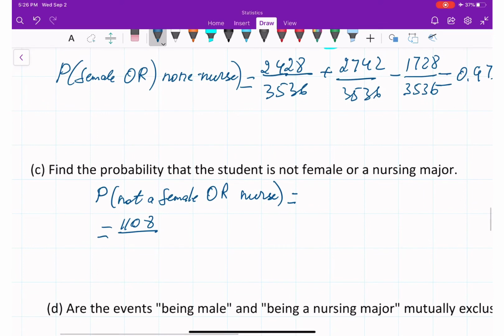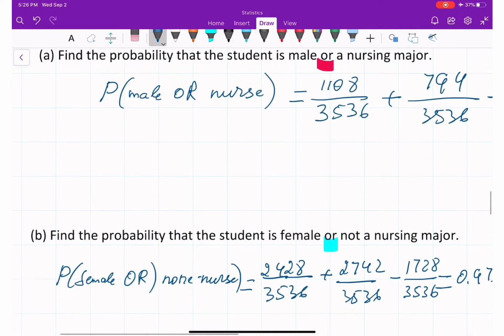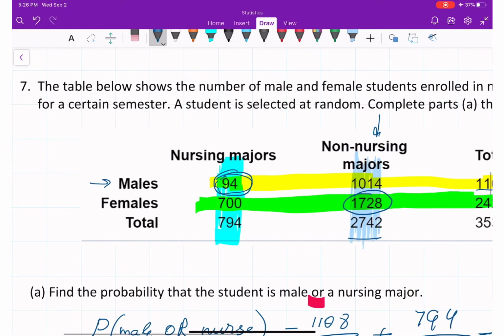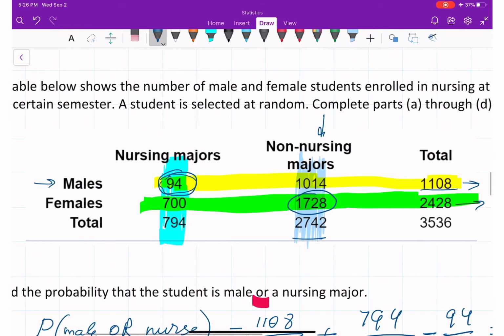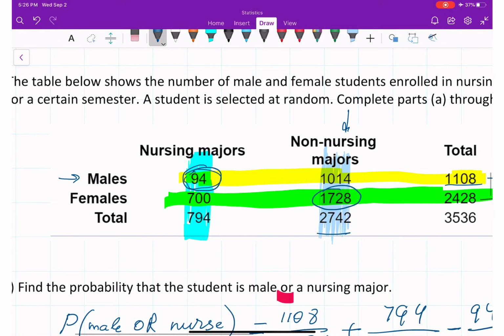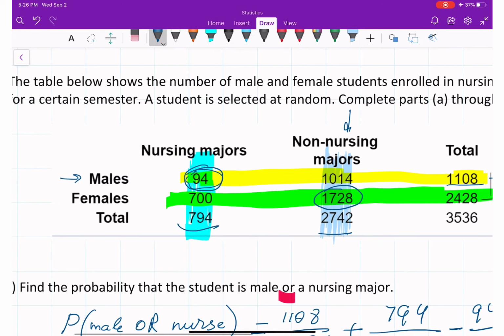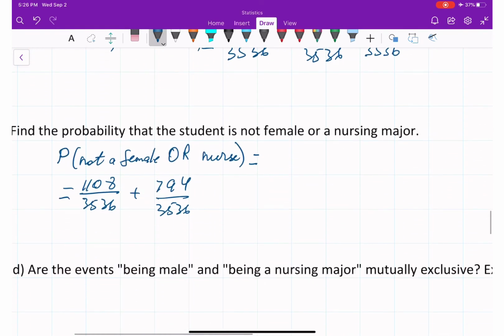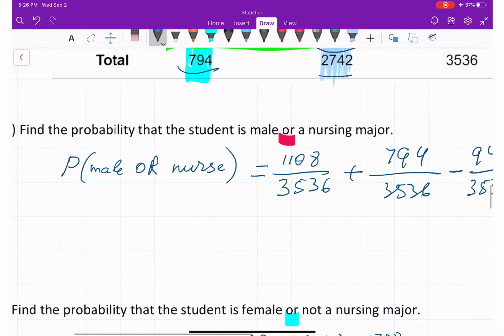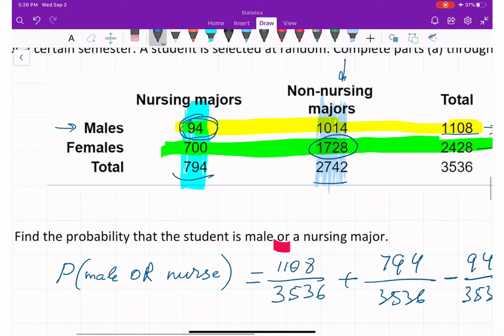Over 3536 plus 794 over 3536 because nurse major. Total nurse major 794. Now, what do we have here?